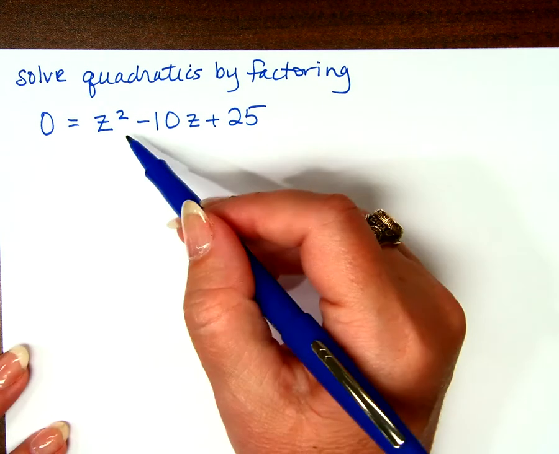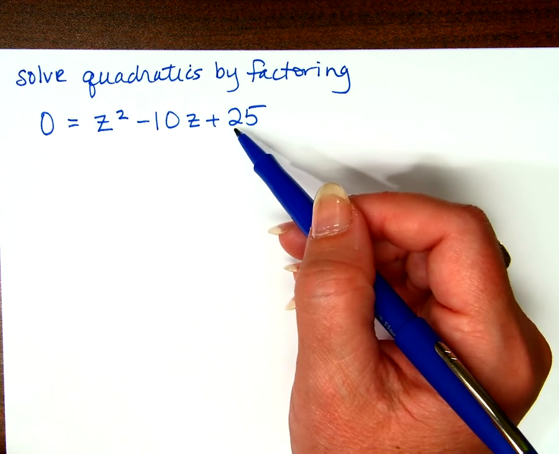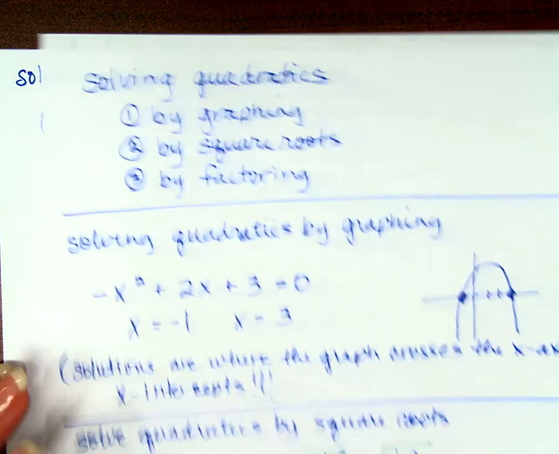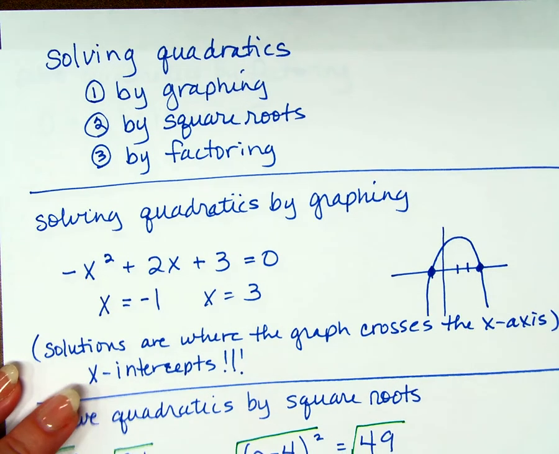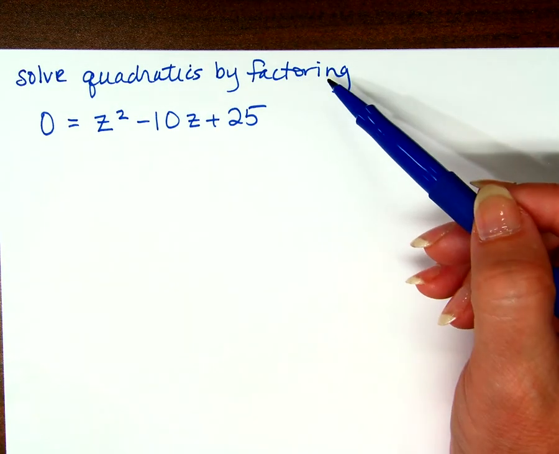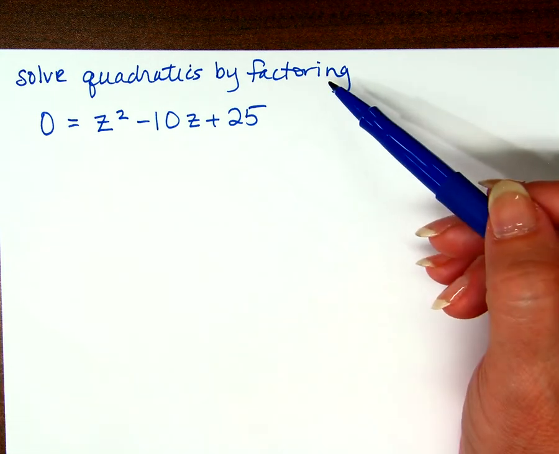Guys, what's to stop me from putting this into my calculator and just seeing where it crosses the x-axis? What's stopping me from doing that? The directions, right? Your work has to match the directions for you to get credit for it, don't you?